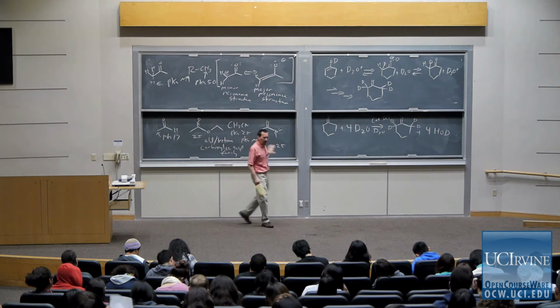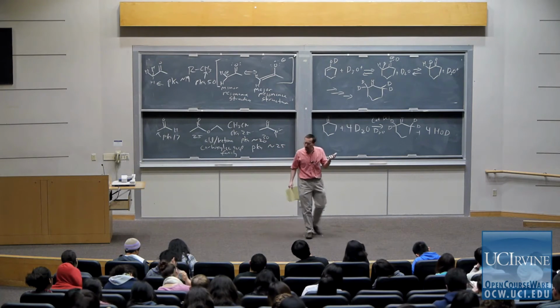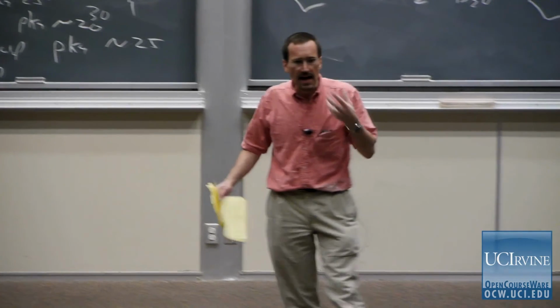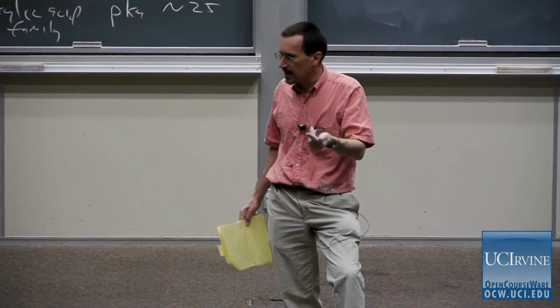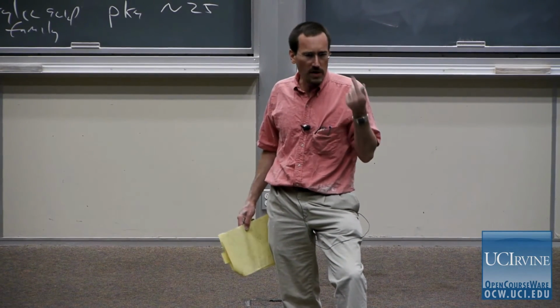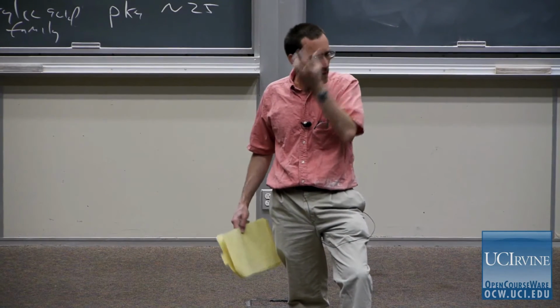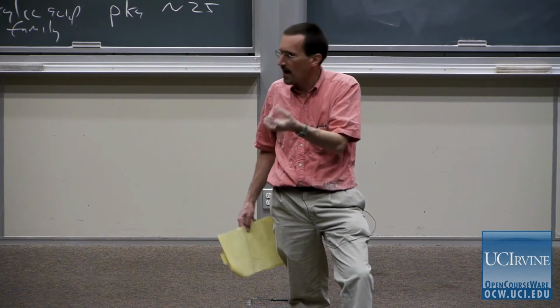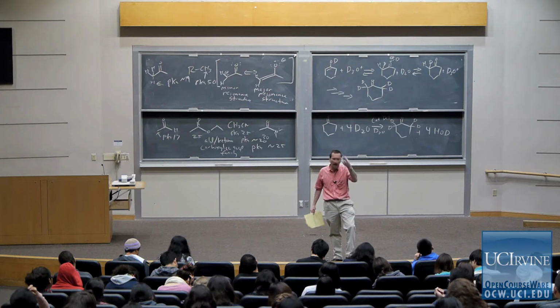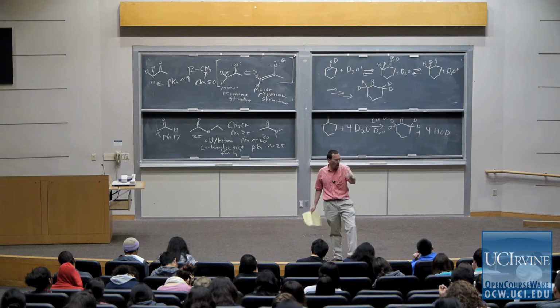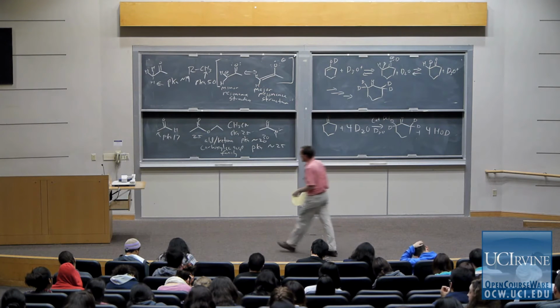And one of the pictures from this is, in general, ketones and aldehydes are less acidic than water. In other words, hydroxide will take off only a small amount of the protons, only an equilibrium concentration. Ethoxide will pull off only an equilibrium concentration.